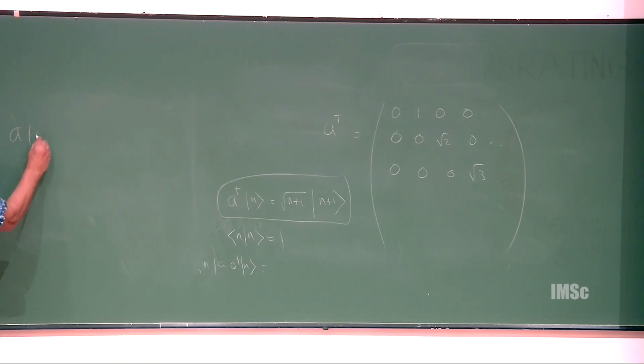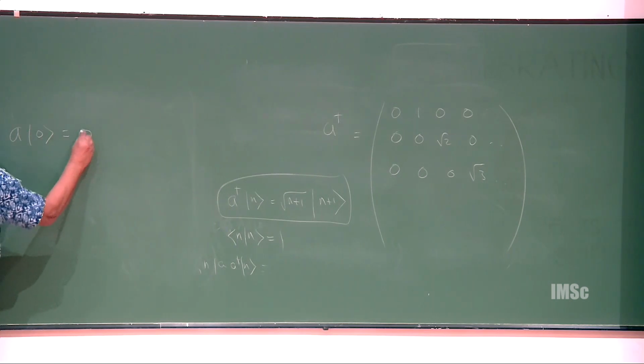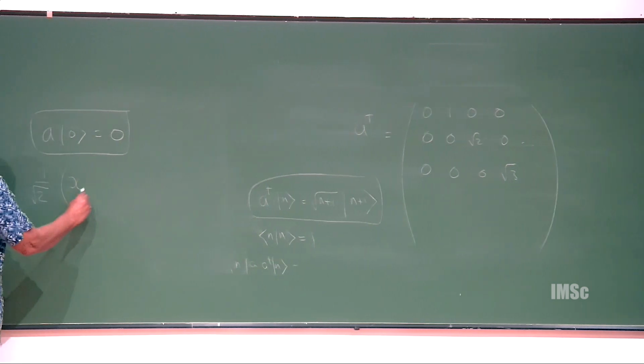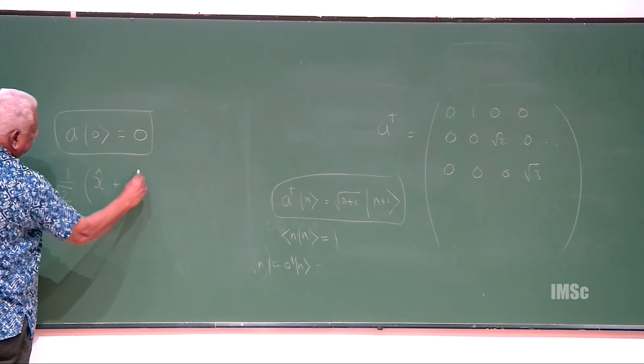A acting on 0, the ground state, is 0. But A I have defined for you earlier. It is 1 by root 2 times x plus iP.